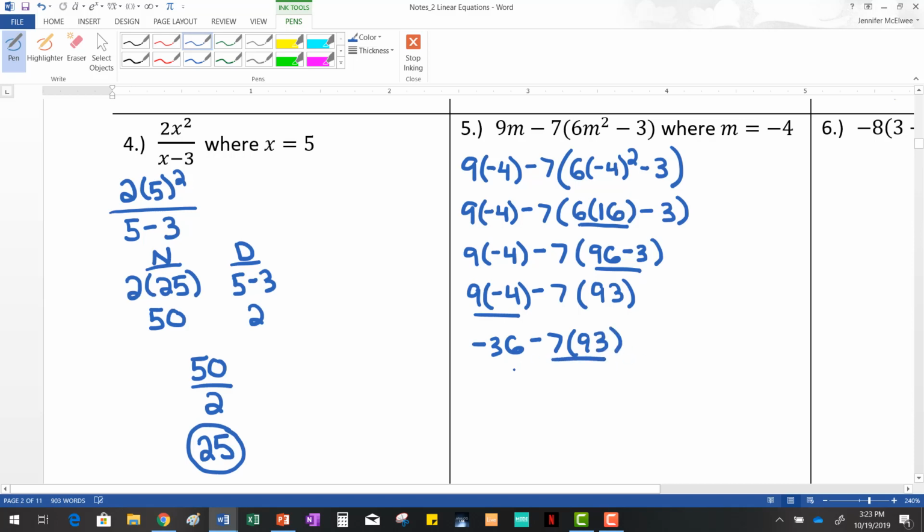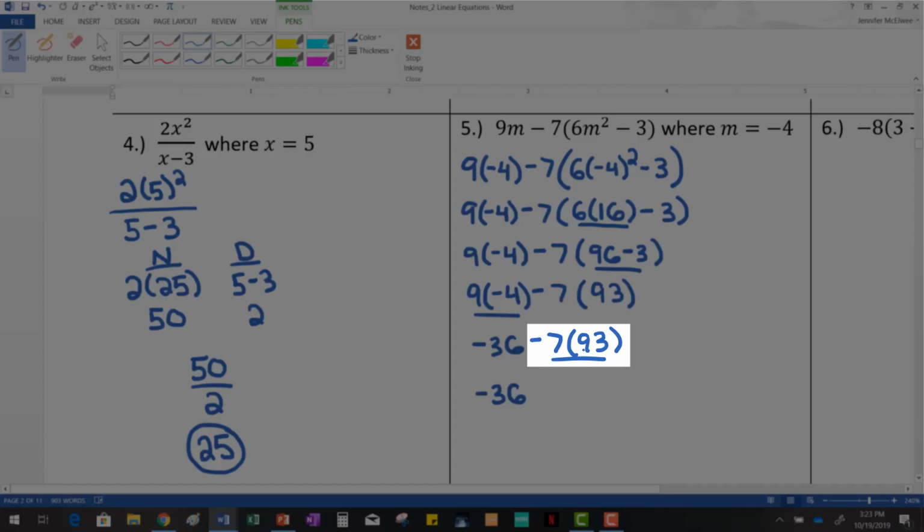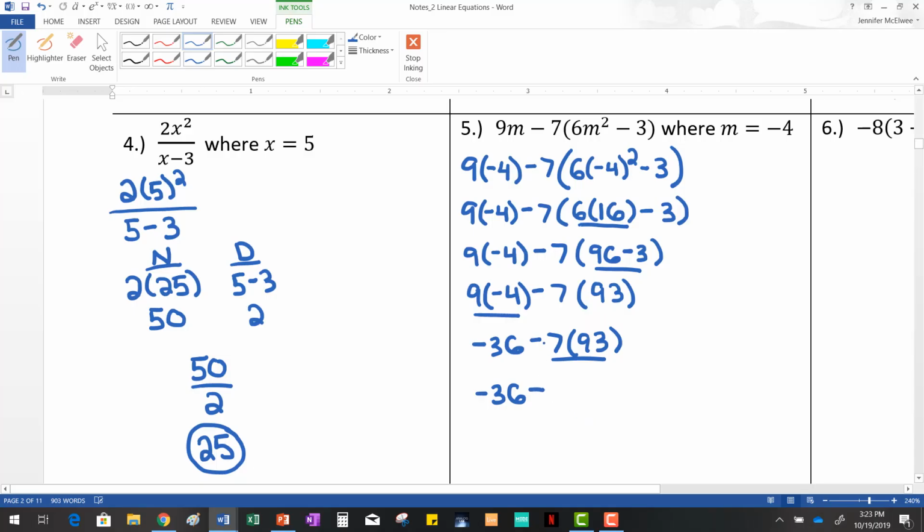Multiplication next. This is a negative 7 times a positive 93. So I know there's going to be a minus here because a negative and a positive, when you multiply, become a negative. So I'm just going to write that as minus.